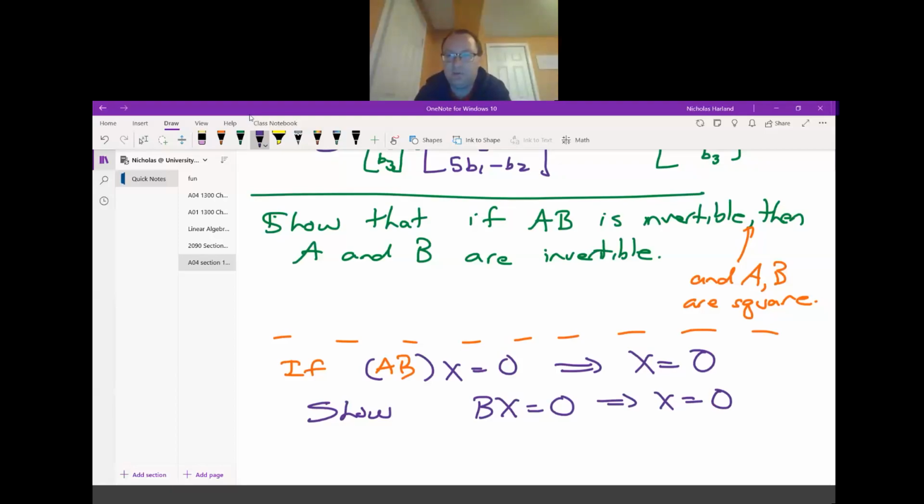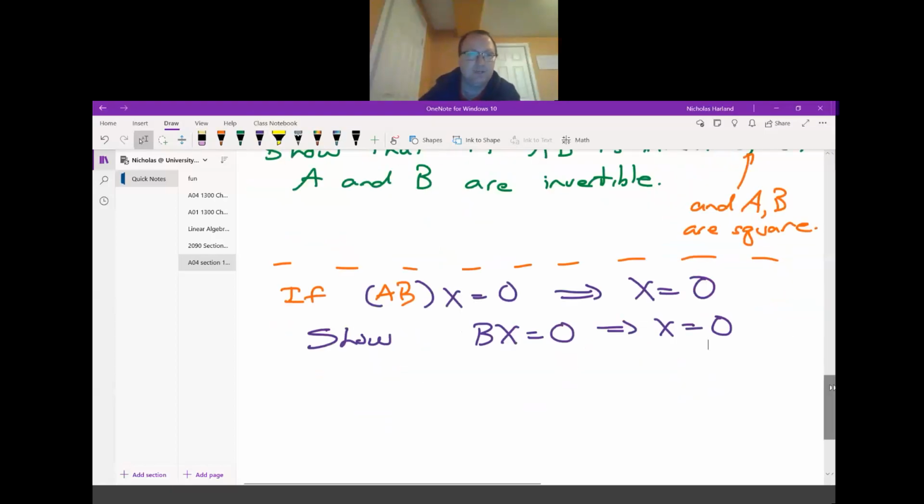This is the one that we can show because it's involving equations and just matrix properties, as opposed to actually needing to know what the individual entries are.